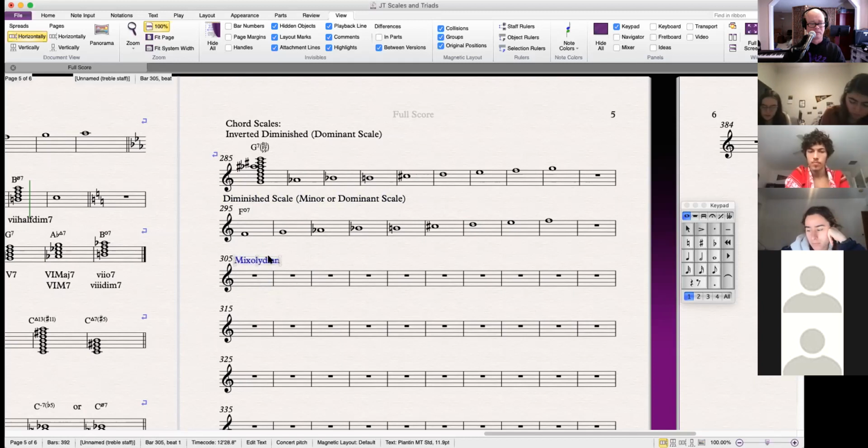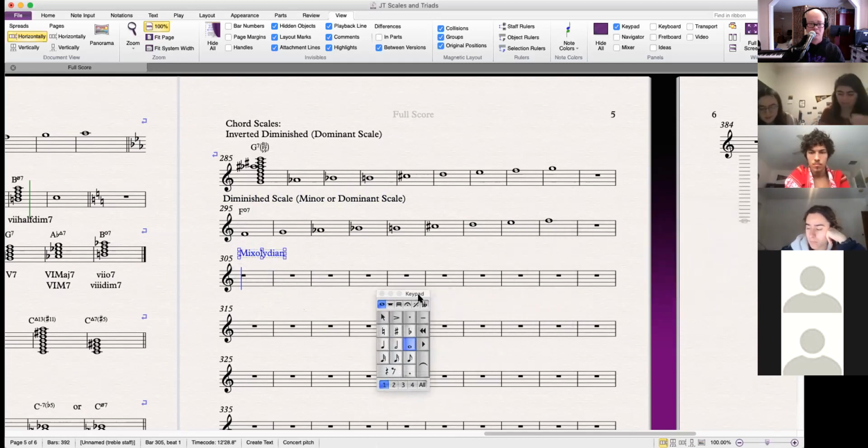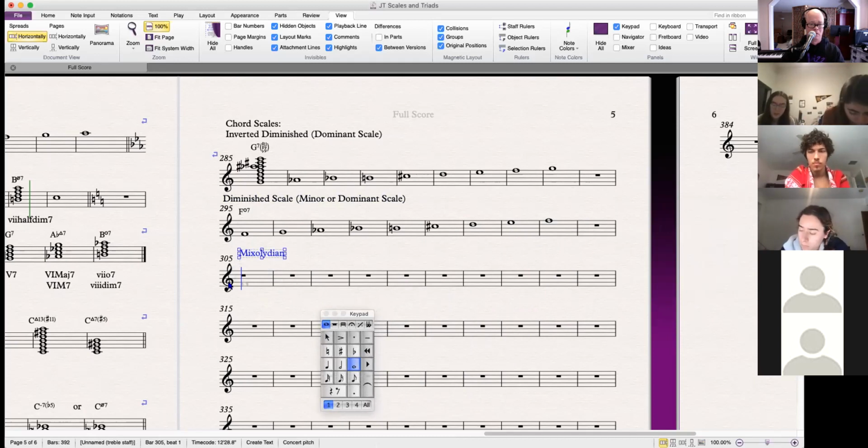Mixolydian. Let's build a G Mixolydian real quick. Okay, G Mixolydian is in the key of C because the Mixolydian is the 5th mode of a major key, so G is the 5th of C. G is the 5th mode.